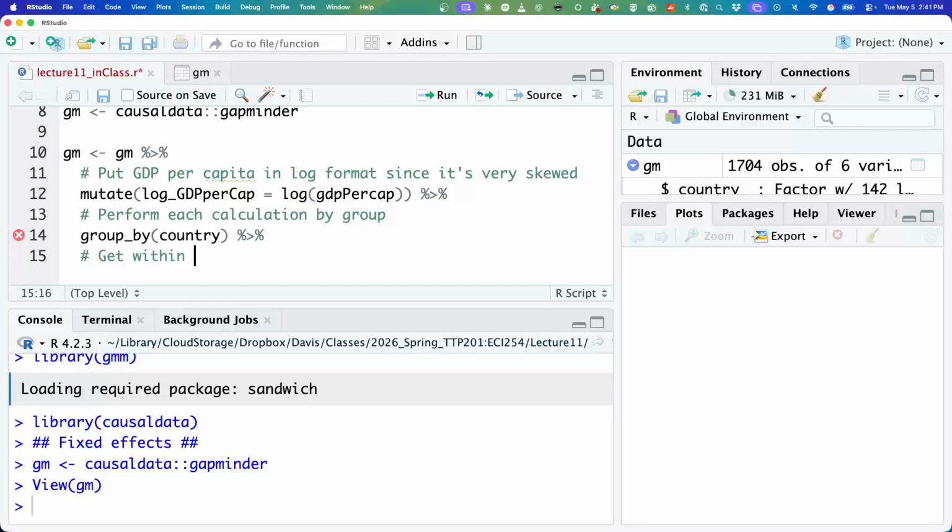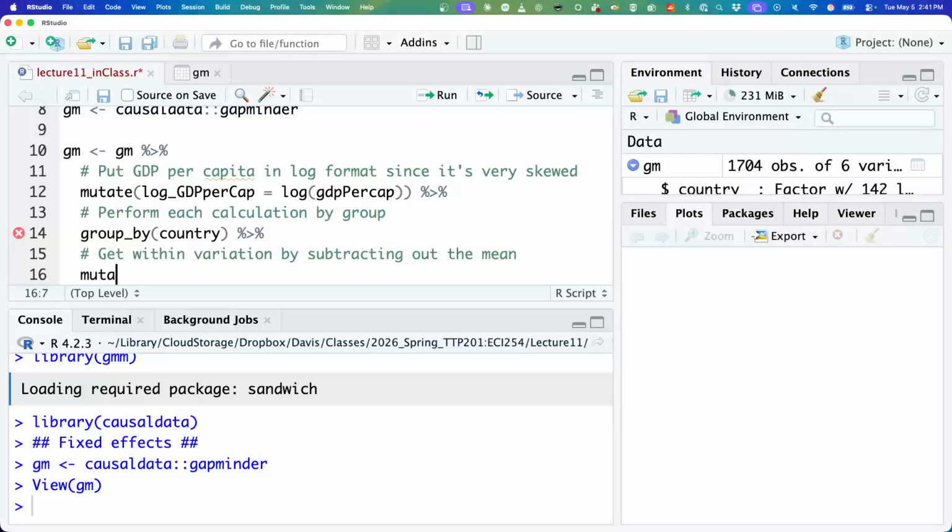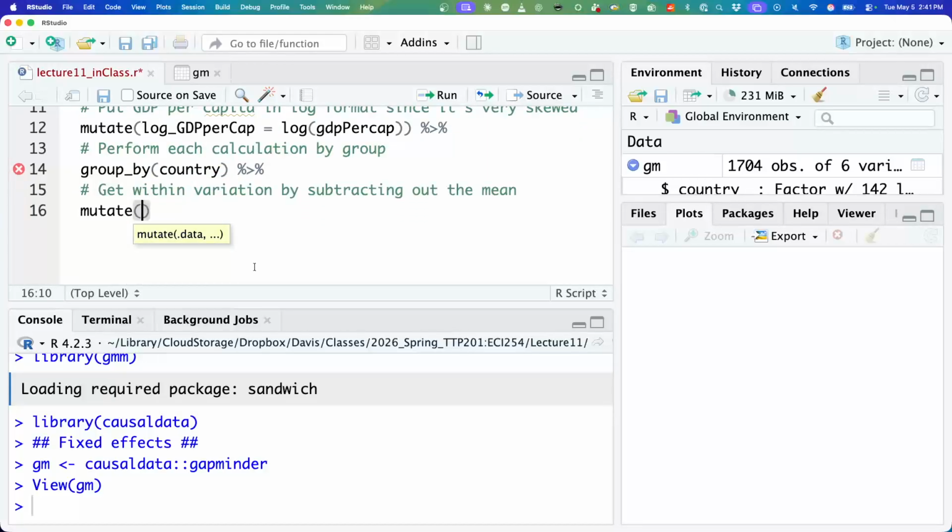So get within variation by subtracting out the mean. So mutate. We're going to do life expectancy within, like so. And that is life expectancy minus the mean of life expectancy.